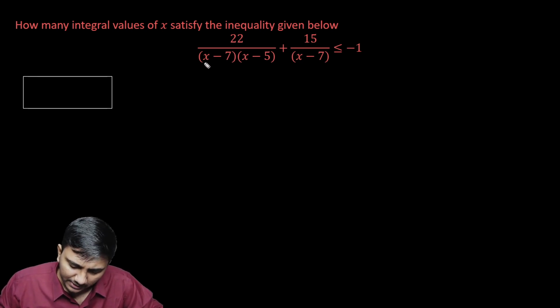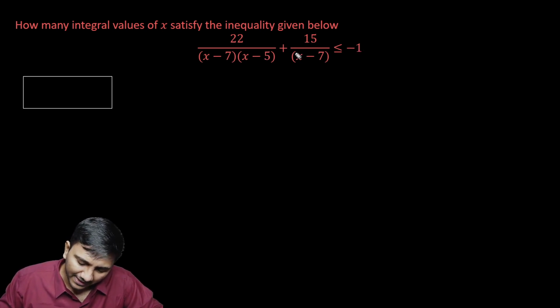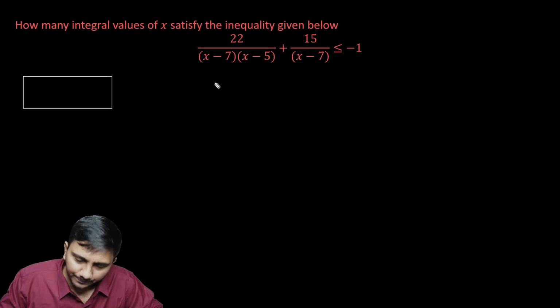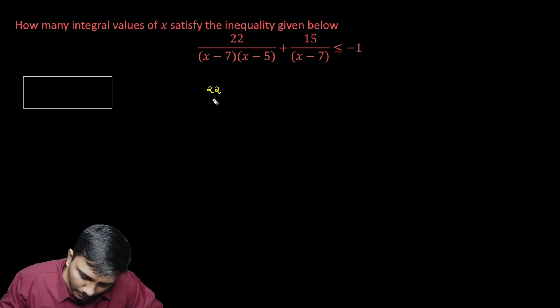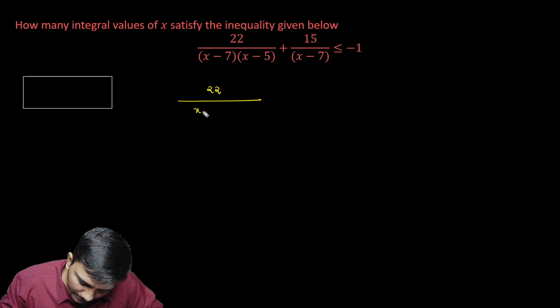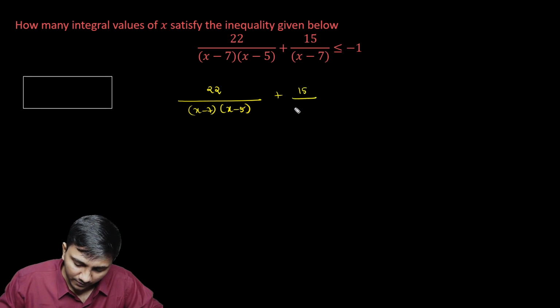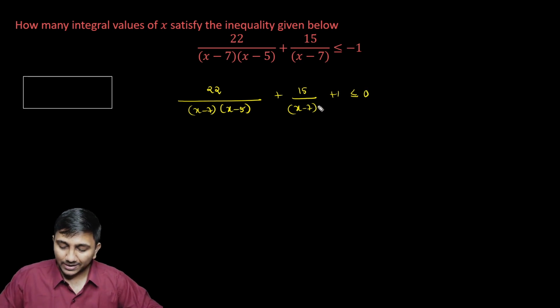22 by (x minus 7) into (x minus 5) and so on. So first let me get this minus 1 to the left side. So that will be 22 by (x minus 7)(x minus 5) plus 15 by (x minus 7) plus 1 less than or equal to 0. Now I'll have to take LCM here.